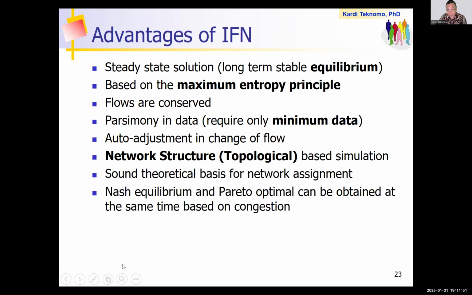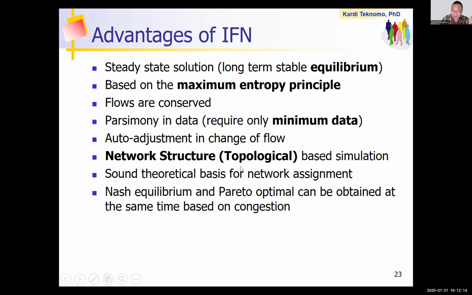Yeah. So again, automatically you get a stable, long-term equilibrium. Okay, and theoretically you get it based on maximum entropy. Automatically the flow will be conserved. Okay, you only need minimum data, which is the network. Okay, and it can do auto adjustment in the change of the flow.